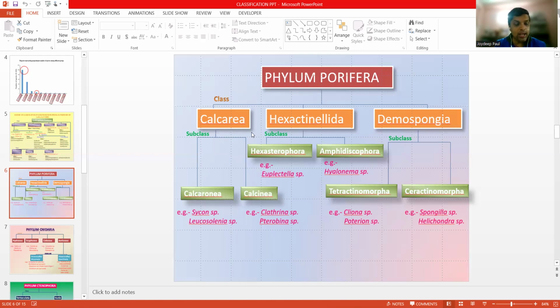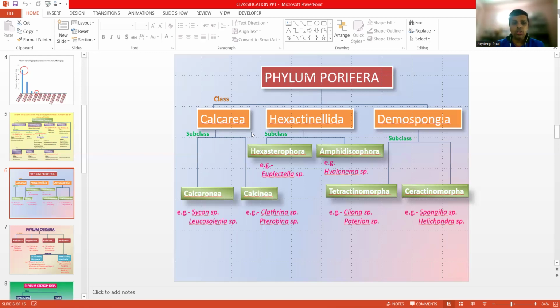Subclass 2, Serraactinomorpha: the spicules are made up of spongin fibers and they are monoaxon type. Examples are Spongilla species, which are also commonly known as freshwater sponge.